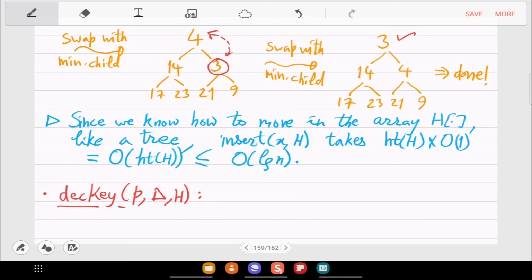So 23, suppose you want this decrease key, you want it to be reduced to 20, or let's say drastically you want to reduce to 13. So if 23 decreased by 10, it becomes 13, and then the problem will be with its parent. So again you will move up like you moved up in insertion. Okay, so this is exactly like insertion.